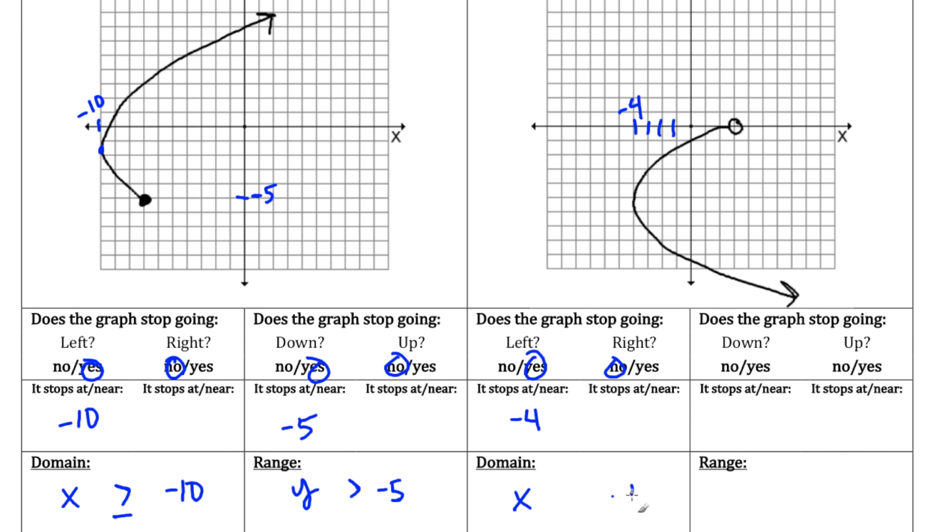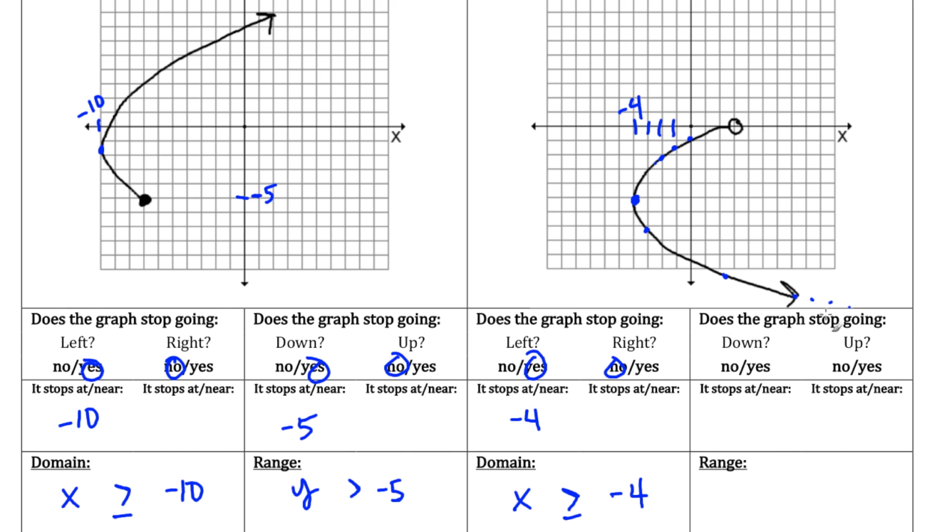So our x values for all these points, including this one and this one and all the points we don't see later, they all have x's that are to the right of -4. So they all have x's that are greater than -4. And this point even is -4 for x. So equal.